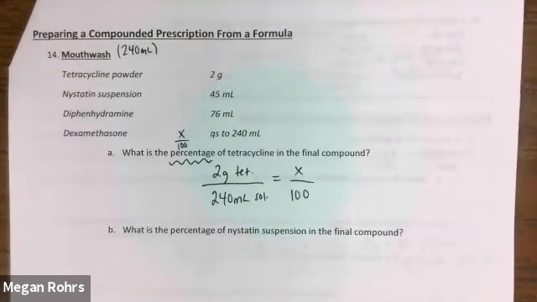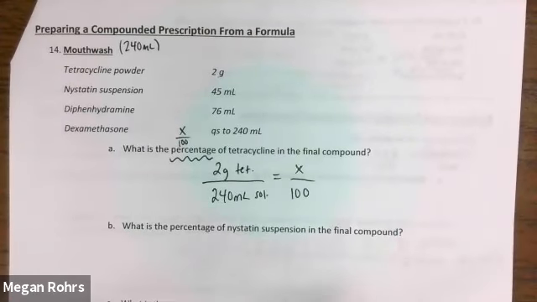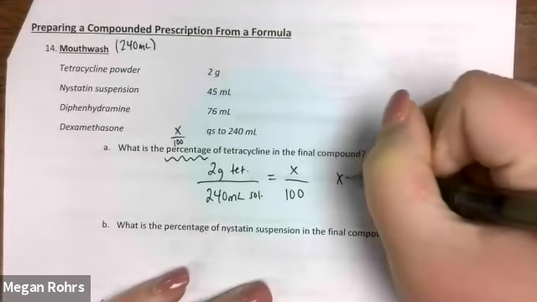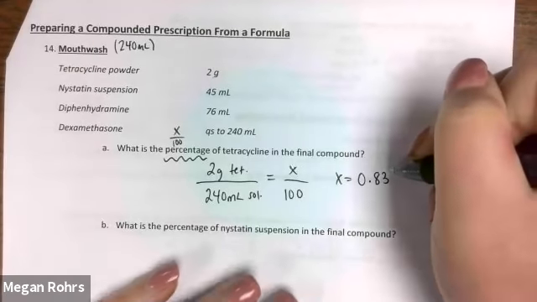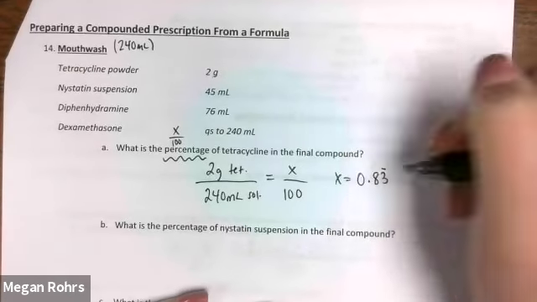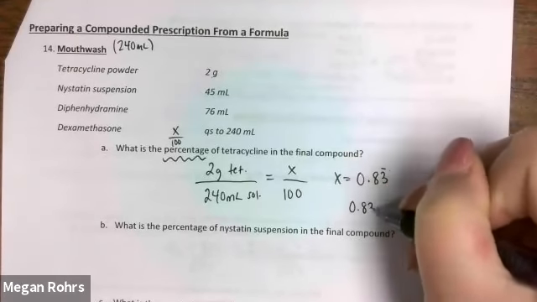You're going to take 2 times 100, which gives us 200. Divide that by 240. That leaves me with 0.83, and I'm going to round to the nearest hundredth. This is really repeating here. So that would be 0.83%.